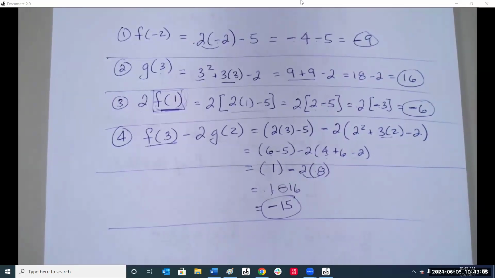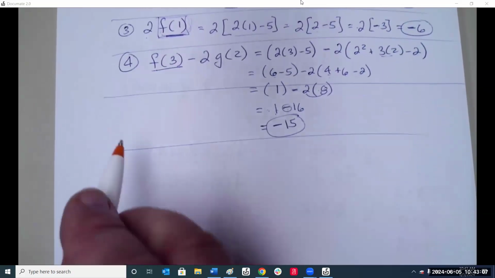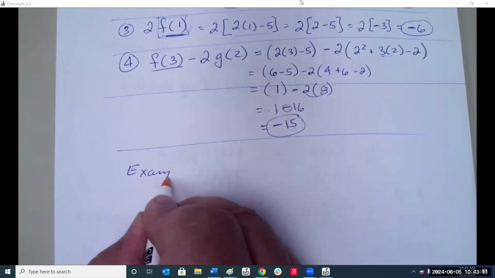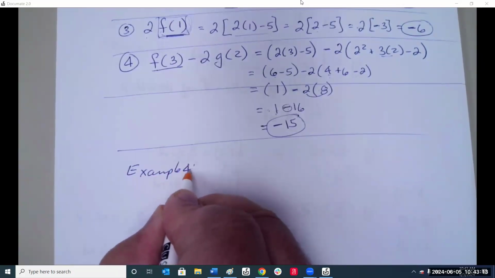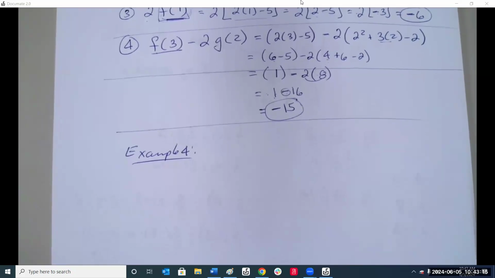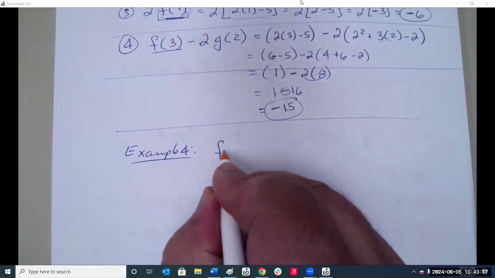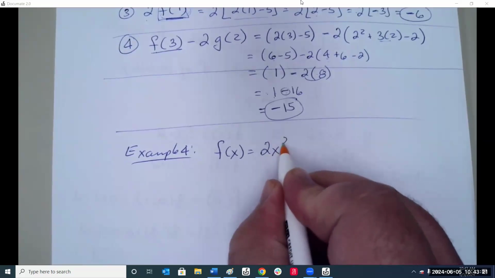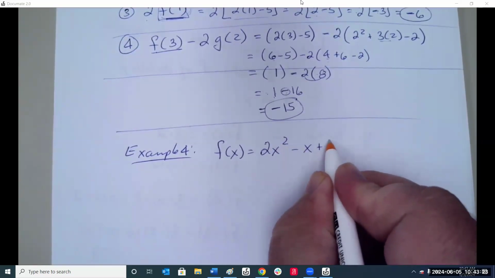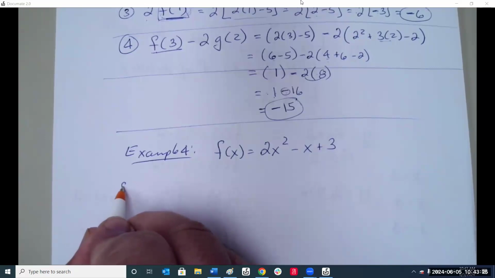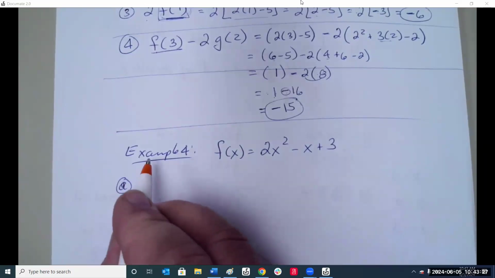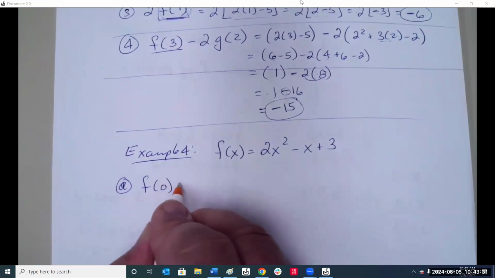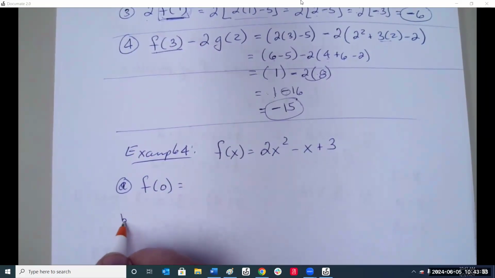Want to do another one? Okay, let's do another one. This one is example 4. f of x is defined as 2x squared minus x plus 3. Find these values.